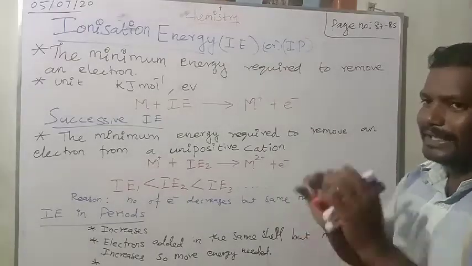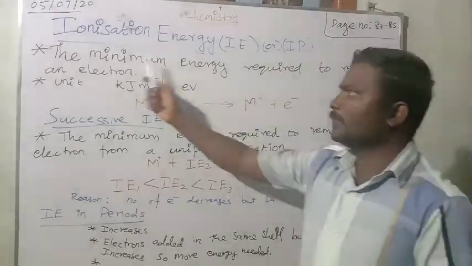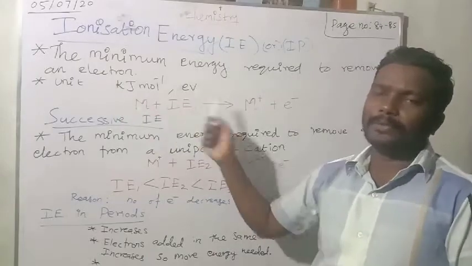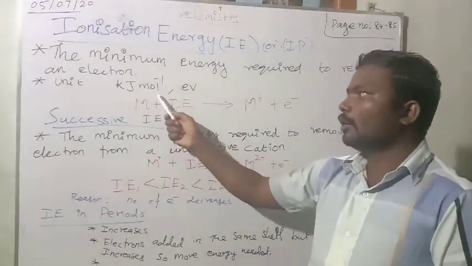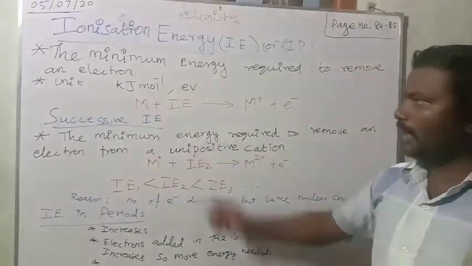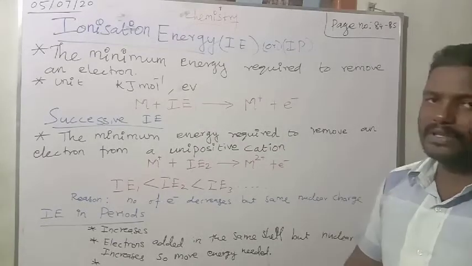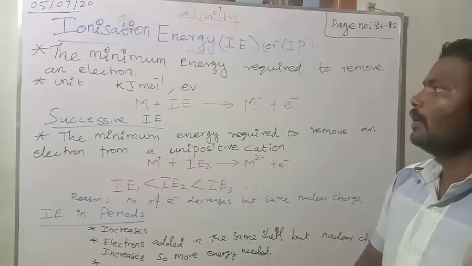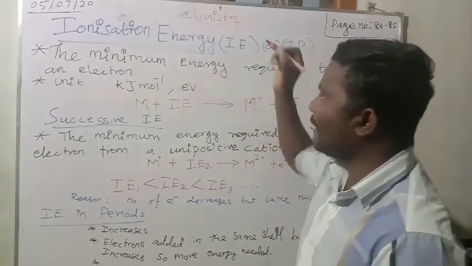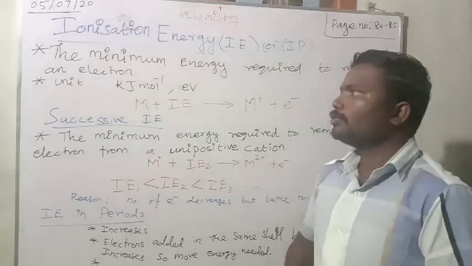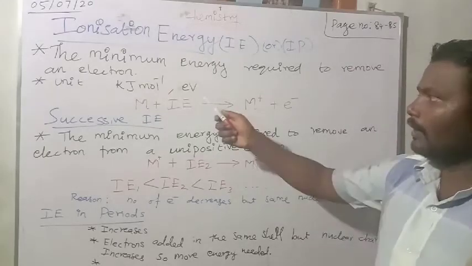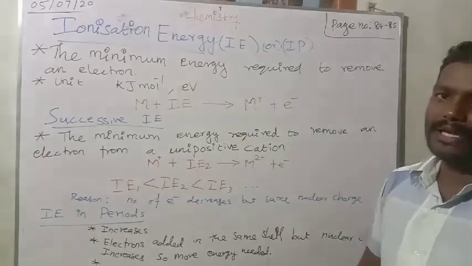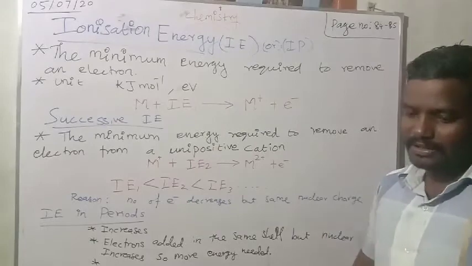If you find that energy, it has some unit, which we can measure. What are they? Kilojoule per mole is the first unit. We can also measure with electron volts. eV means electron volt, small e, capital V. Kilojoule per mole or electron volt can be used as a unit for ionization energy.